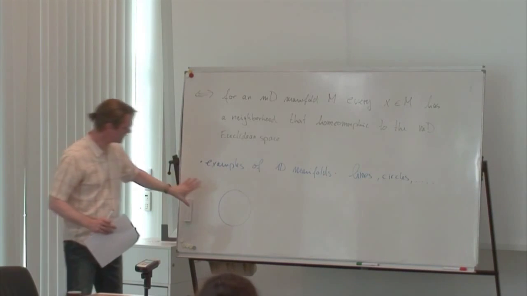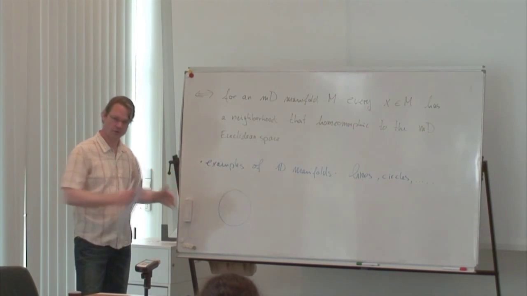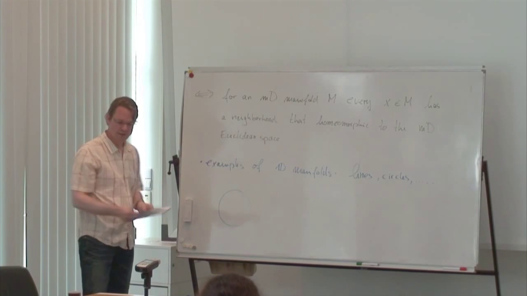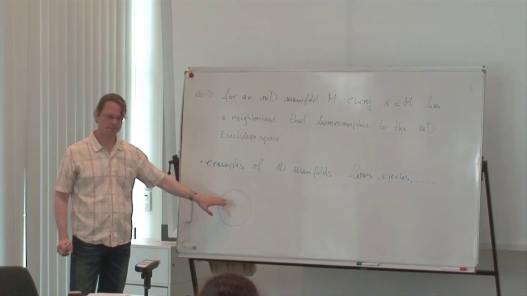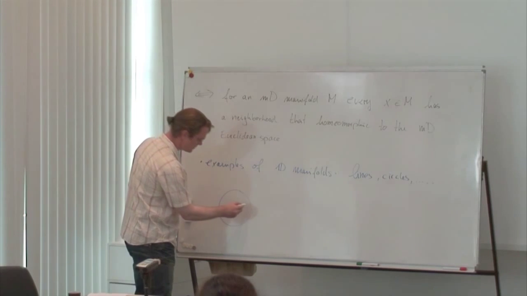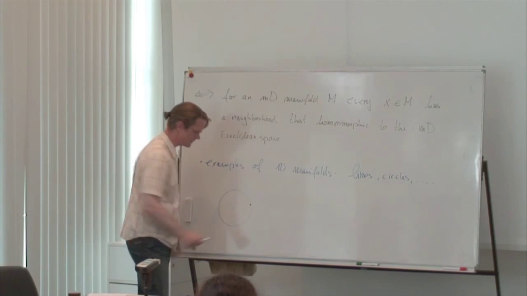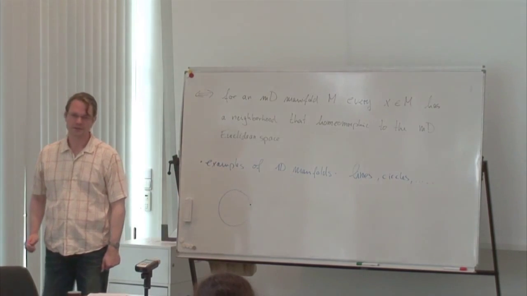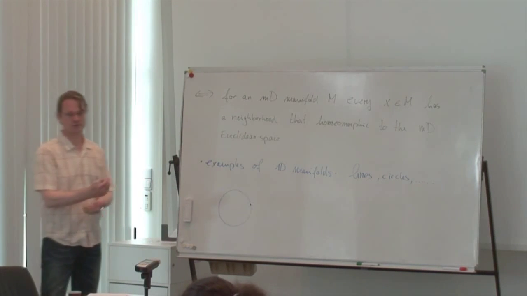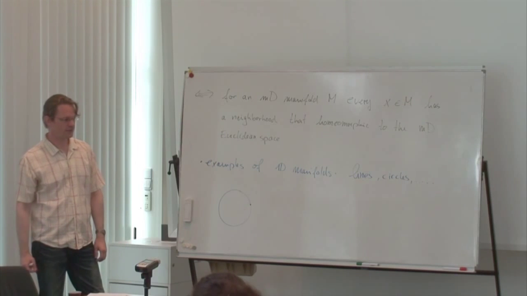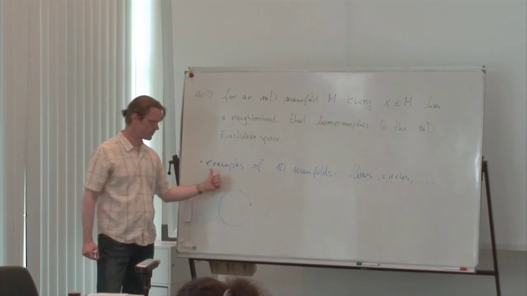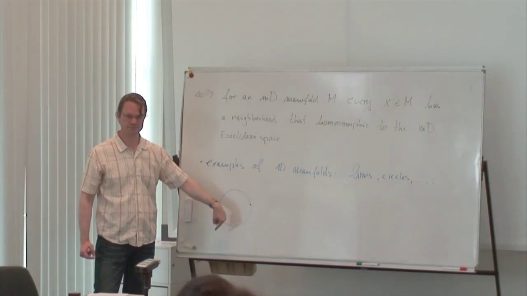This is something I have drawn on a two-dimensional surface, but intrinsically this is a one-dimensional object. Because imagine you were an ant, and the ant looks like a dot now, living on this circle. You can only go forward or backward.